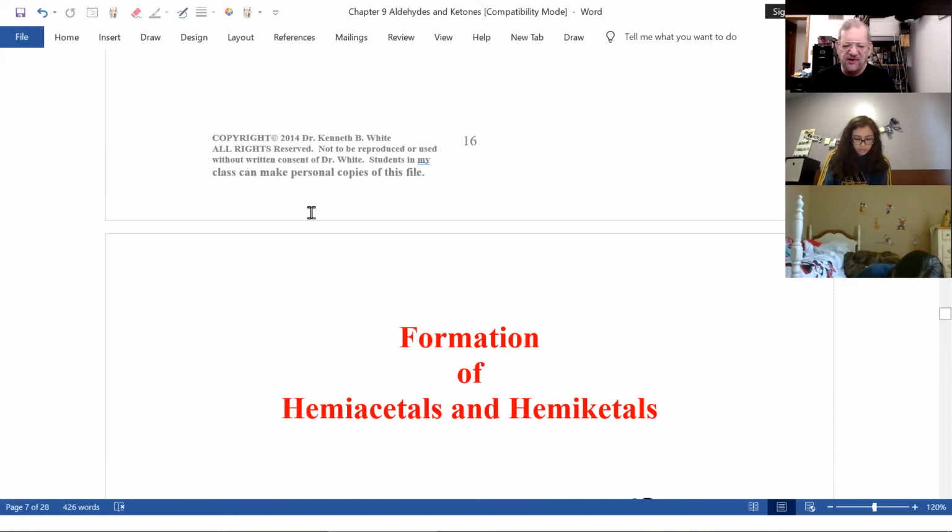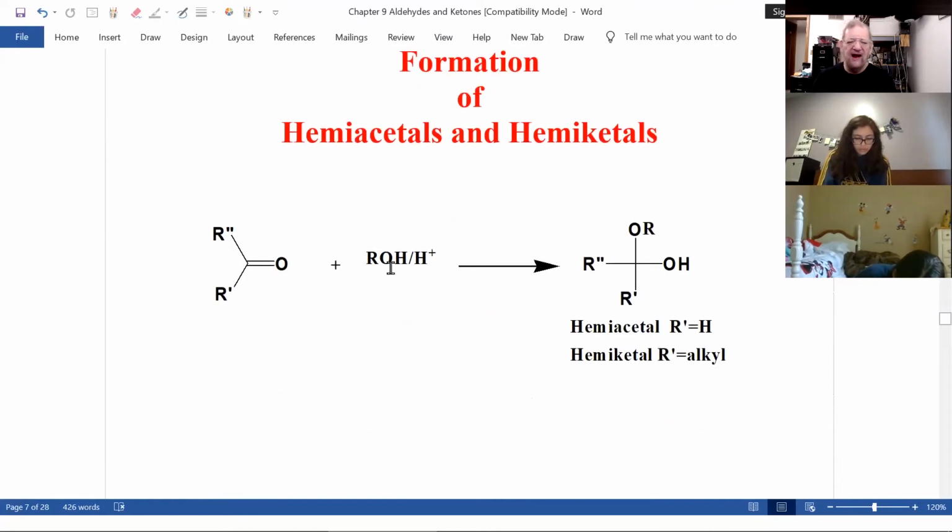Now, I talked about the carbonyl, and I showed you how the carbonyl carbon is where all the fun is. And we went through this reaction, which is the formation of hemiacetals and hemiketals. Remember, if R prime is hydrogen, it's an aldehyde. If R prime is carbons, it's a ketone. If you react it with alcohol and acid catalyst, you form this hemiacetal or hemiketal, which we went through last week.